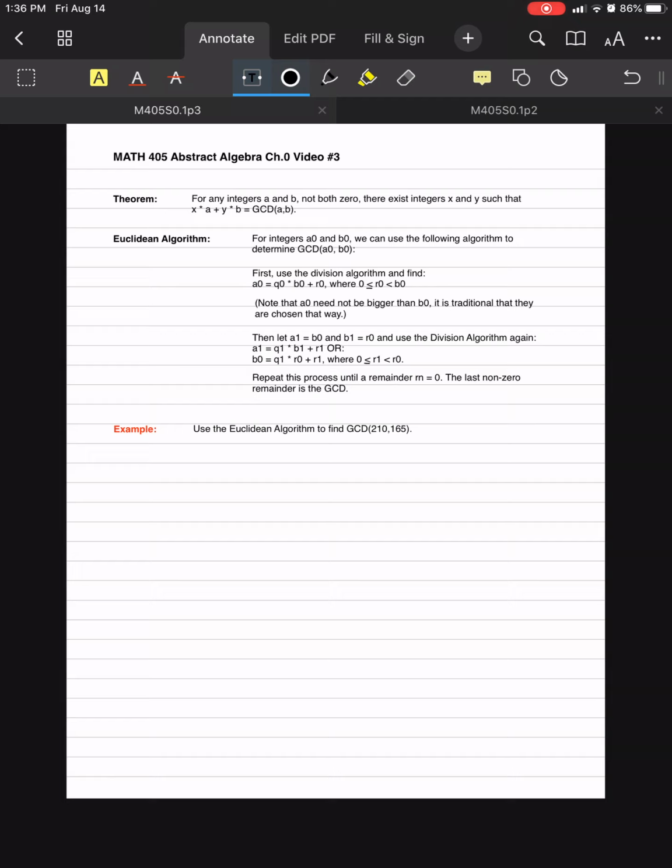All right, so here we go. Let's take a look at this first theorem. If we have any integers a and b, not both 0, in other words, integers for which you could say the GCD is defined, right? Essentially, you want the largest common divisor of both numbers.